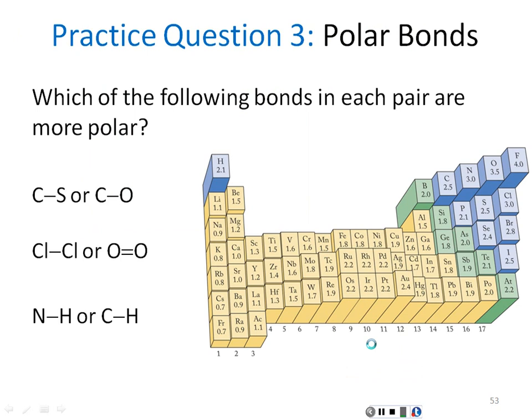Okay, practice question 3. Which of the following bonds in each pair are the most polar? I've included the chart of electronegativities so you can have a reference, but hopefully you'd be able to answer a question like this on a test without knowing the electronegativities. So if we look at the first choice, carbon-sulfur or carbon-oxygen.